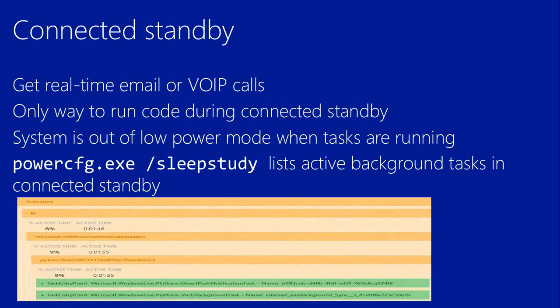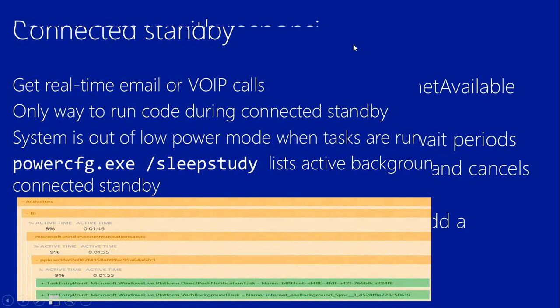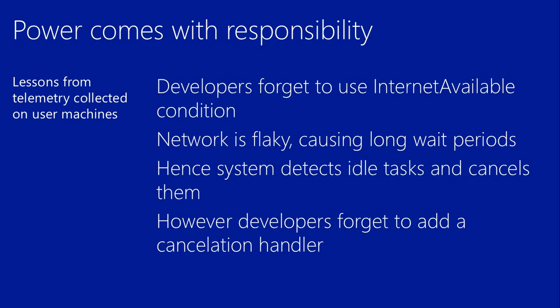Here is the HTML you will see when you run this command, and you can see the task entry point, the active time, and everything. So all these details are available for you to see and understand the active list of background tasks in connected standby mode.